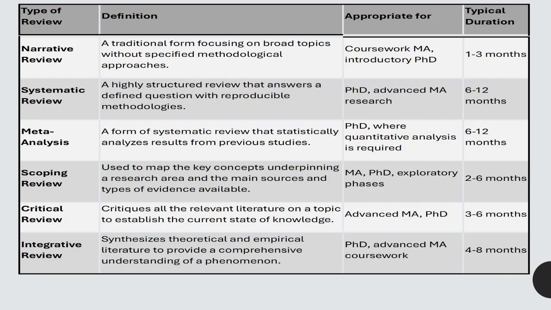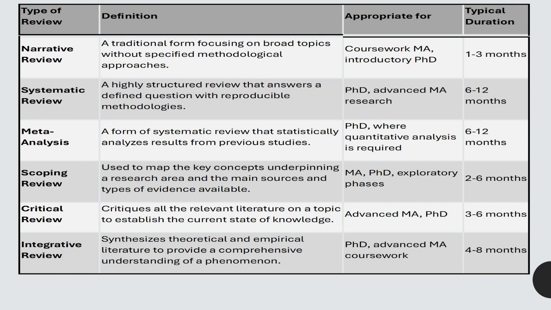The most popular literature reviews are a narrative review, and they would sometimes just refer to it as a literature review. It is just a straightforward literature review, a very traditional form, focusing on broad topics without a specified methodology or approach necessarily.